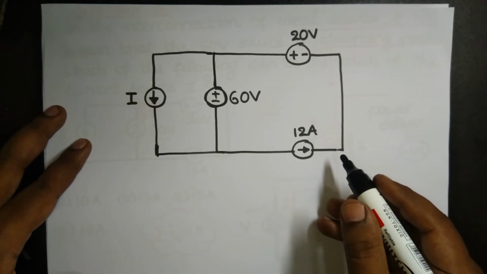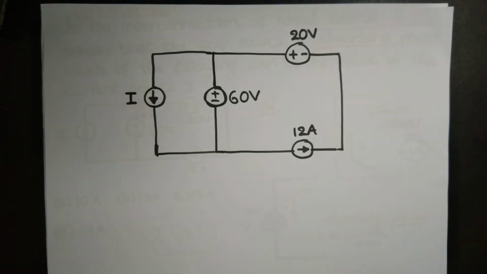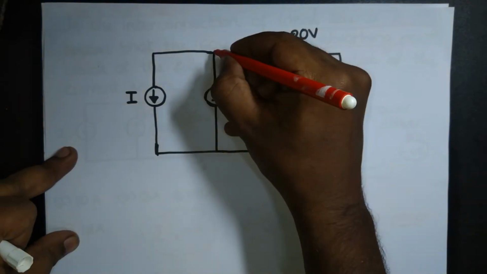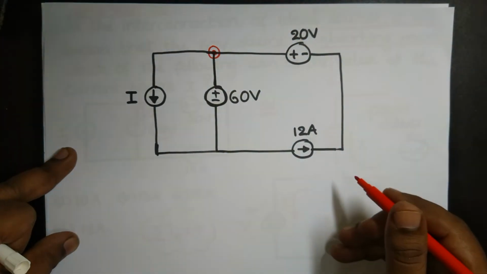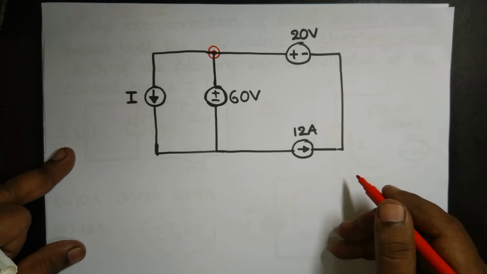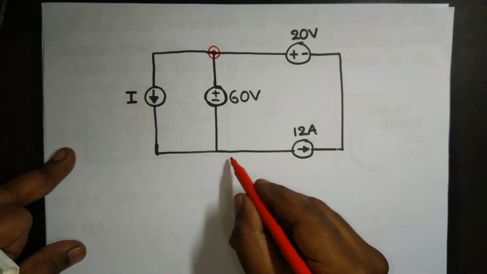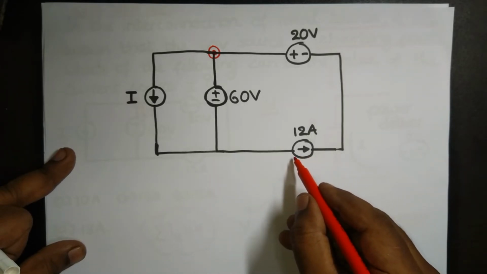Given like this, we have marked a node here. At this node, KCL has to be satisfied. Now if you observe carefully, here we have a source current of 12 amperes.